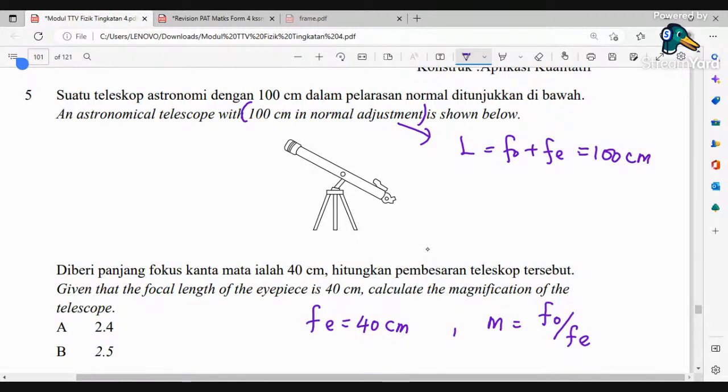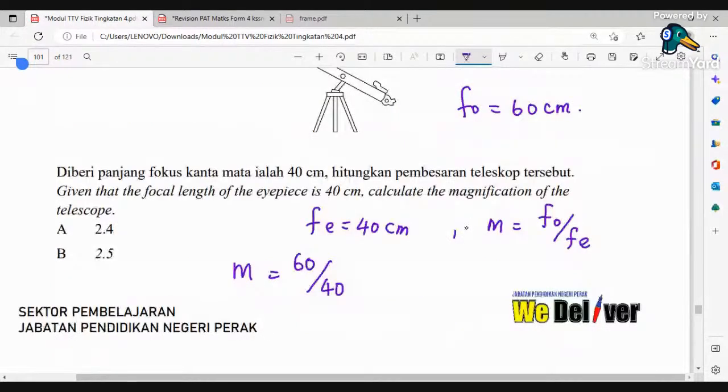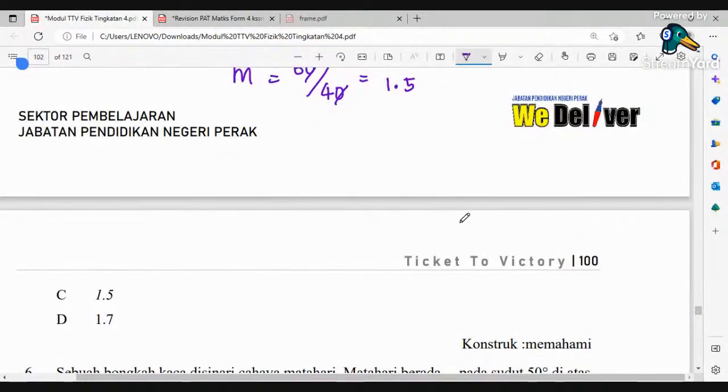So ini sama dengan 100 centimeter. So you have FE 40 cm, means FO is 100 minus 40 cm. Magnification M, FO divided by FE, means 60 divided by 40. 6 divided by 4, you will get 1.5.